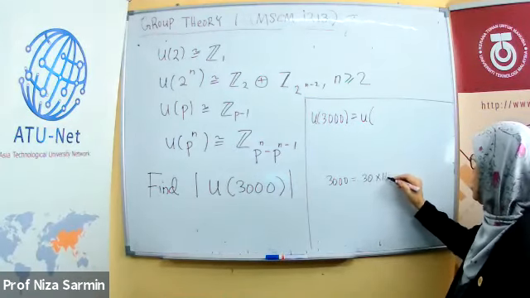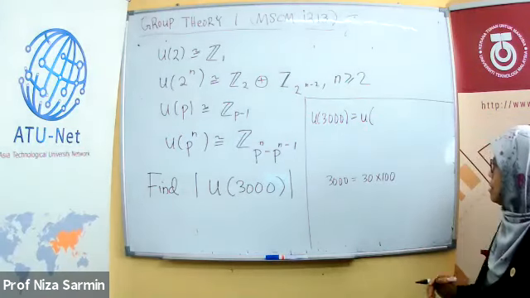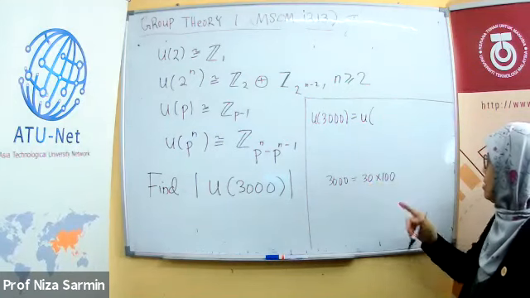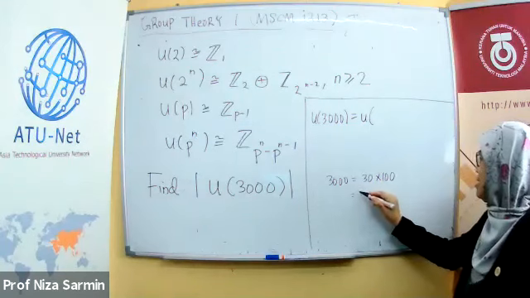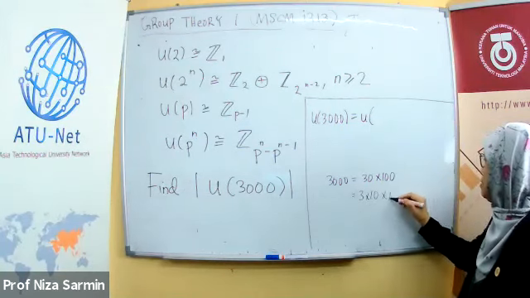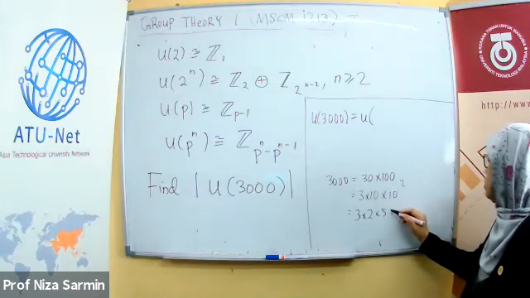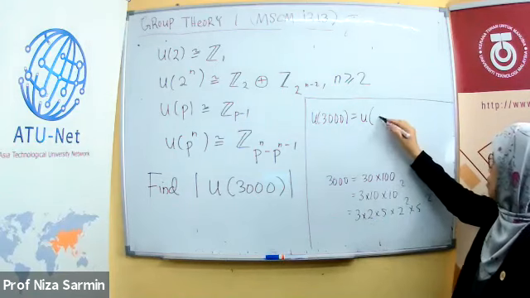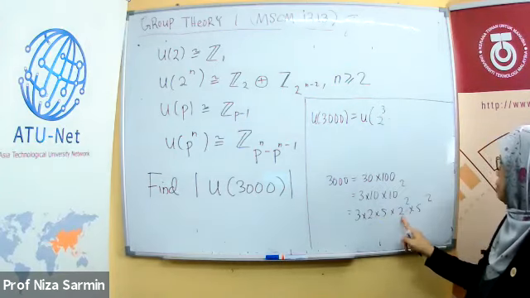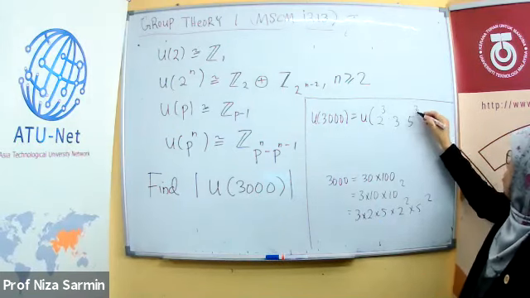If you do like this, break up into big ones. Okay, 30 times 100, right? 3000, right, Hannah? So 3 times 10 times 10 squared, right? 3 times 2 times 5 times 2 squared times 5 squared. So I get 2 cubed times 3 times 5 cubed.